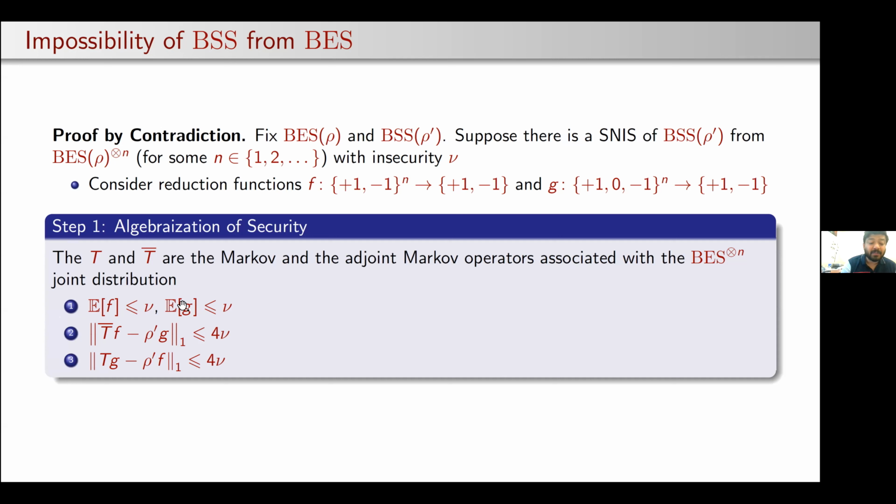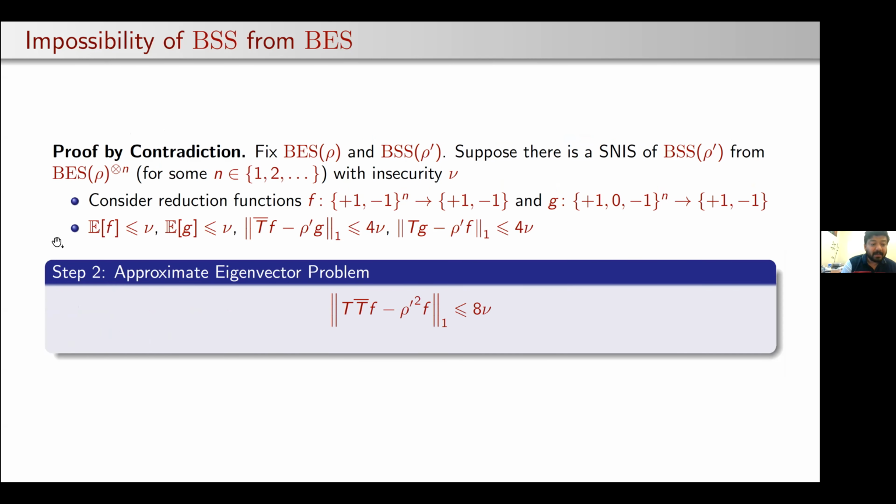The reduction function g is roughly balanced. If you apply the adjoint Markov operator T bar on f, it is parallel to g. And if you apply the Markov operator on the reduction function g, then it is parallel to f. So let us abstract these 3 constraints.